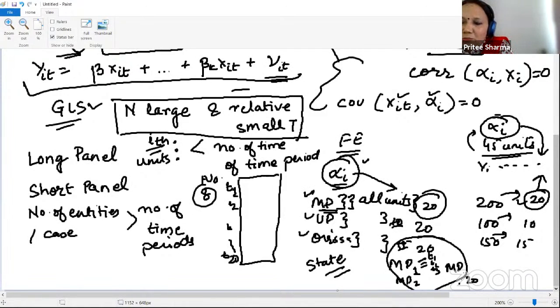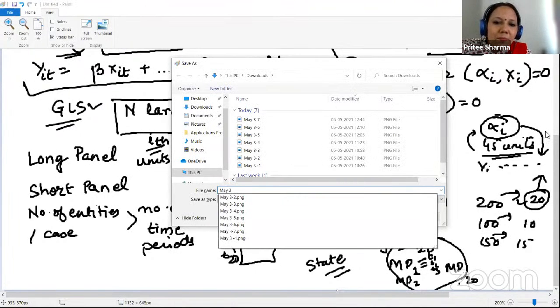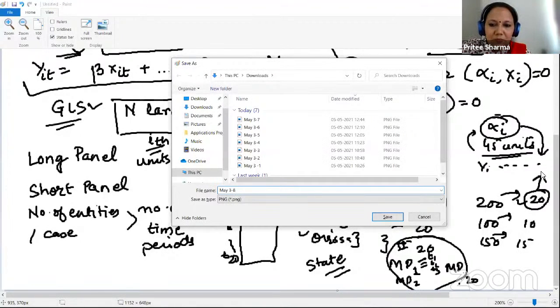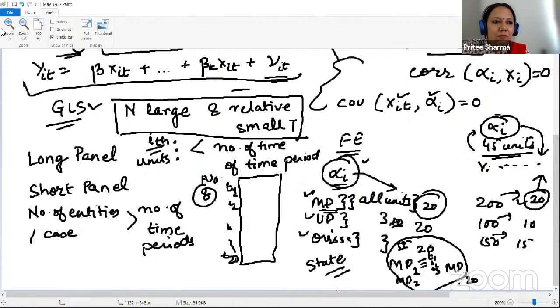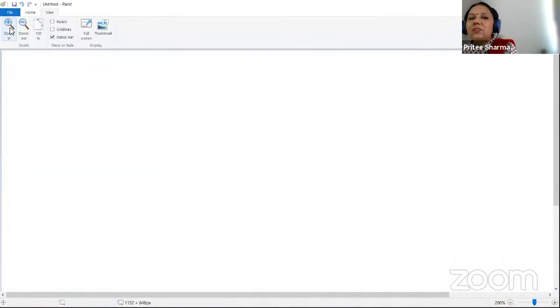And when we introduce the composite error term and do the estimation, to do the estimation we can do the differencing of the unobserved data.